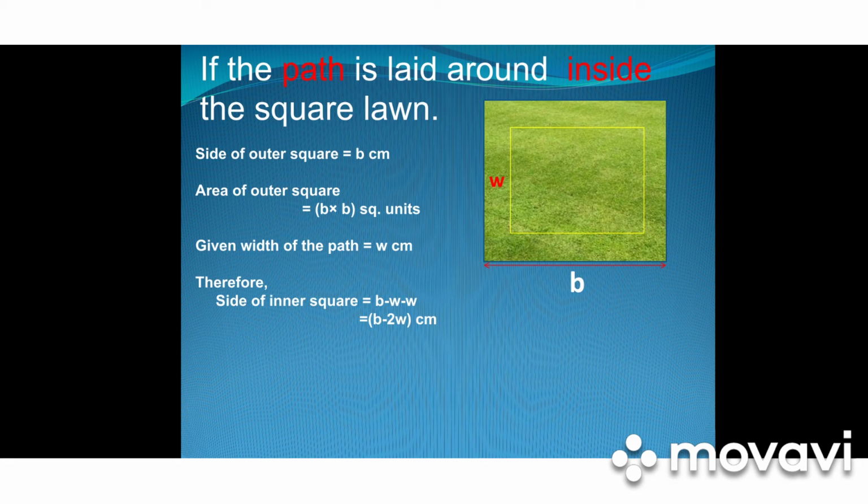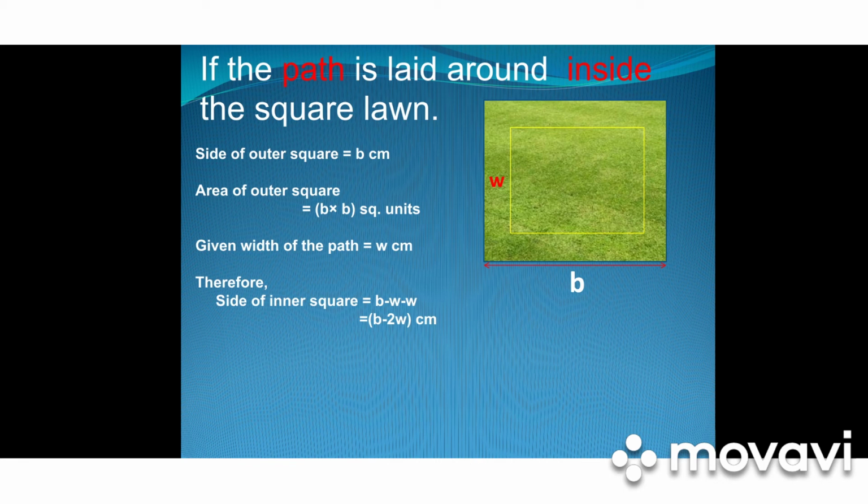Therefore, B minus W minus W. Two W's, one for the left side, one for the right side. Therefore, we can write it as B minus 2W, because W and W are like terms from algebra. So B minus 2W is the side of the inner square.